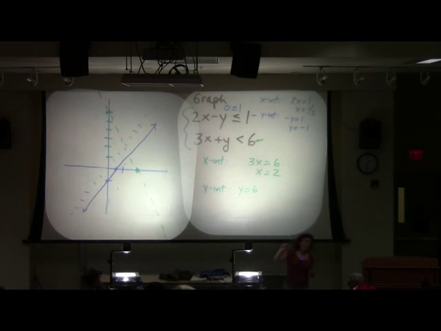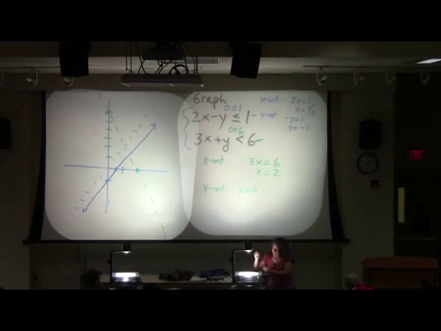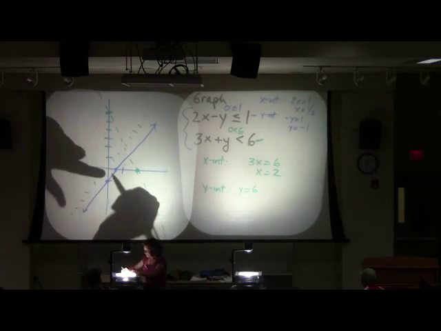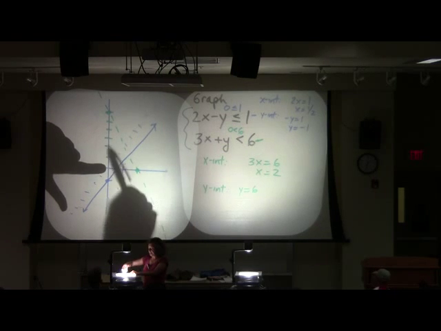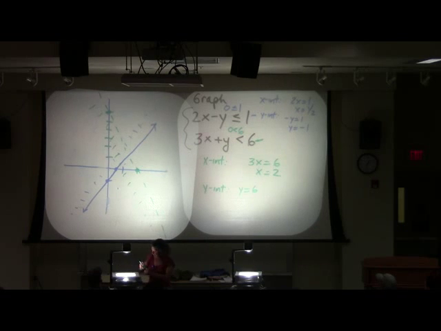So I'm going to take a test point, and I am going to take 0, 0. If I plug 0, 0 in here, do you all agree I get 0 is less than 6? Do you all also agree that that's a true statement? Yeah. So since 0, 0 lives on this side of my line, I shall shade on this side of my line. I am not done. Are there questions this far?